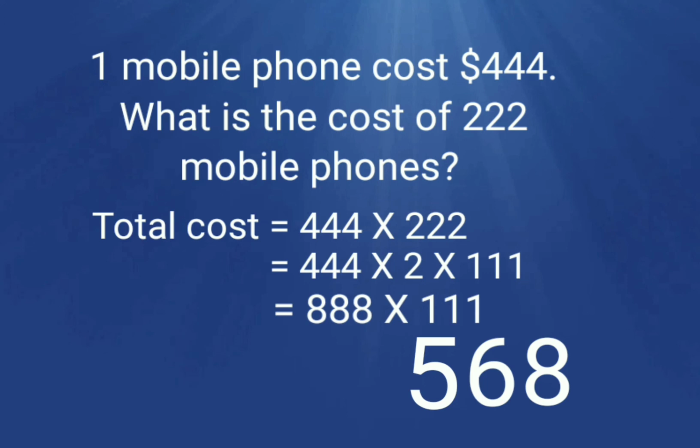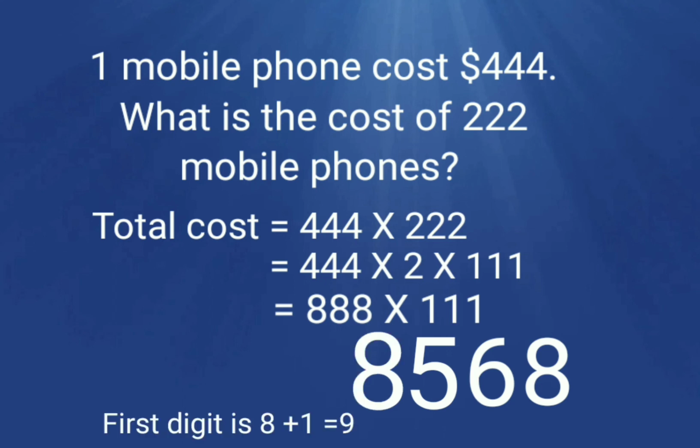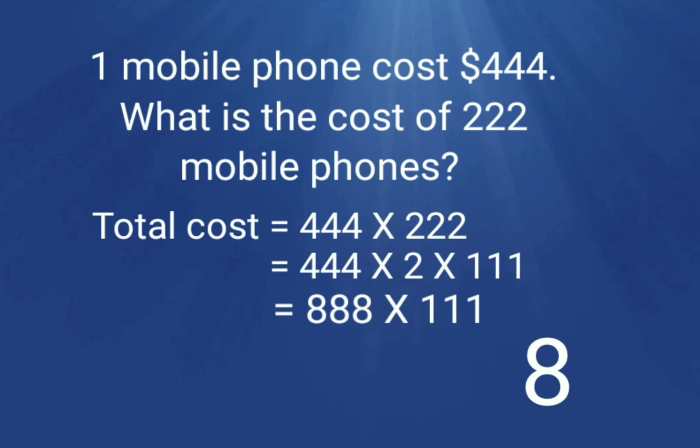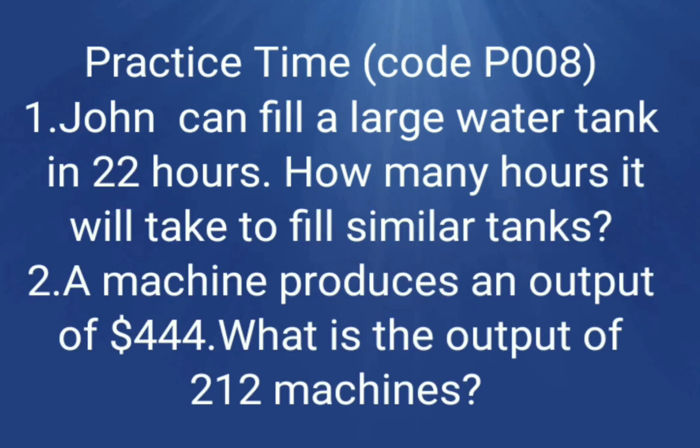Then all group of 3 digits over, so take 2 digits group, that is 8 plus 8 is 16, plus 2 is there, so 18, 8 there and 1 carry over. Then last digit, it is 8 plus 1 is there, so 9. So your final answer is 98568.